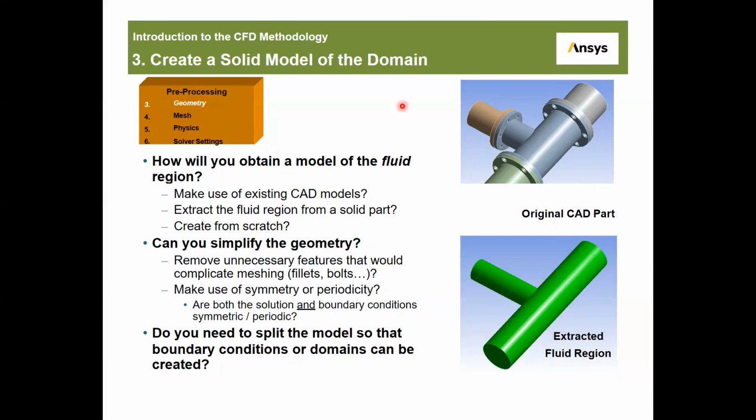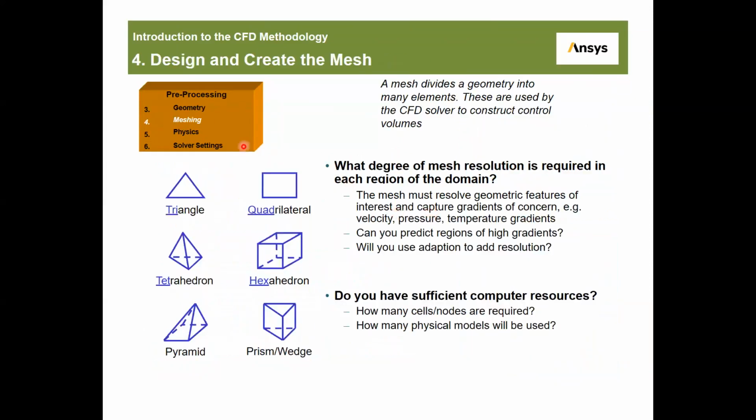Meshing, basically, we will do in the simulation software. We cannot do meshing in SolidWorks or CATIA; we must do meshing in the simulation software. The mesh basically divides the geometry into many elements.